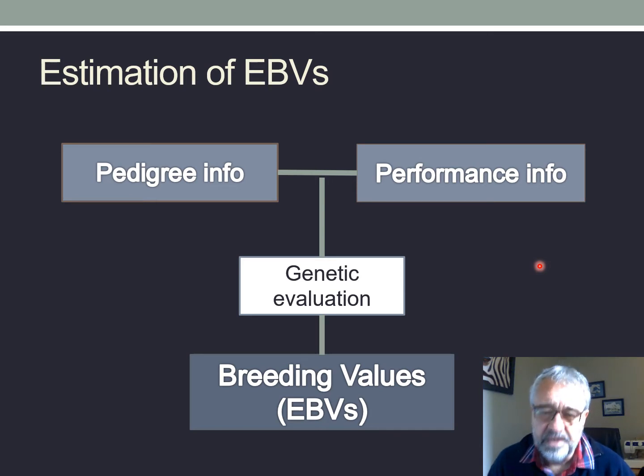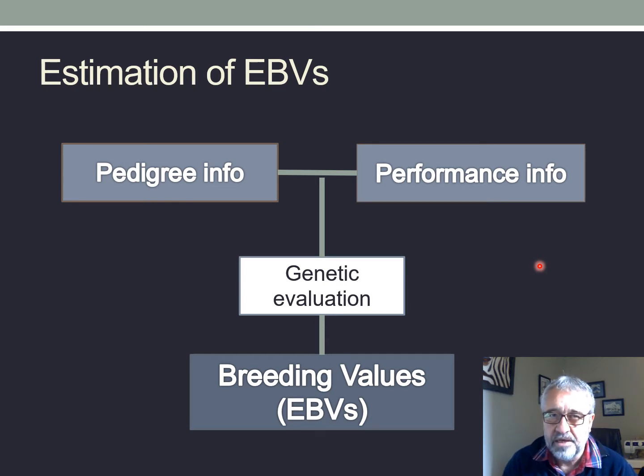So principally, what's needed from the farmer or the breeder would be the pedigree information, and we will talk about the value of the pedigree information, and the performance information of these animals. Performance is defined very broadly, and I would like to stress that. It's oftentimes said that performance recording is all about growth. It's not just about growth, it's also reproductive performance.